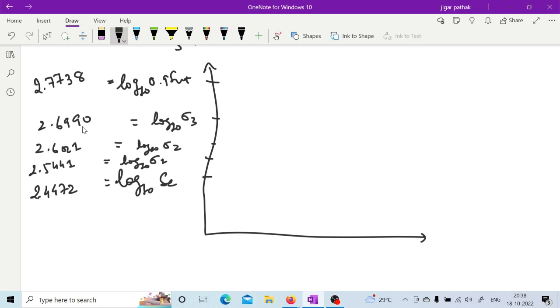First you can plot whatever you have got, right? 2.4472 and this one.